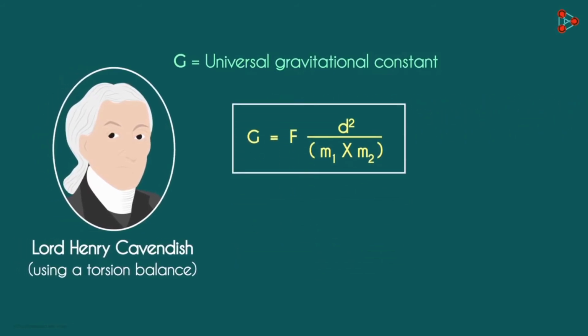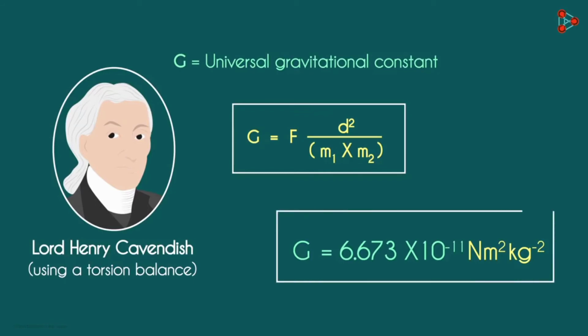The universally accepted value of G is 6.673 times 10 raised to negative 11. What will be the units of G? Force is in newtons. As the distance is in meters, we have meters squared. And as the mass is measured in kilograms, we multiply this with kilograms raised to negative 2. This is the value of the universal gravitational constant.